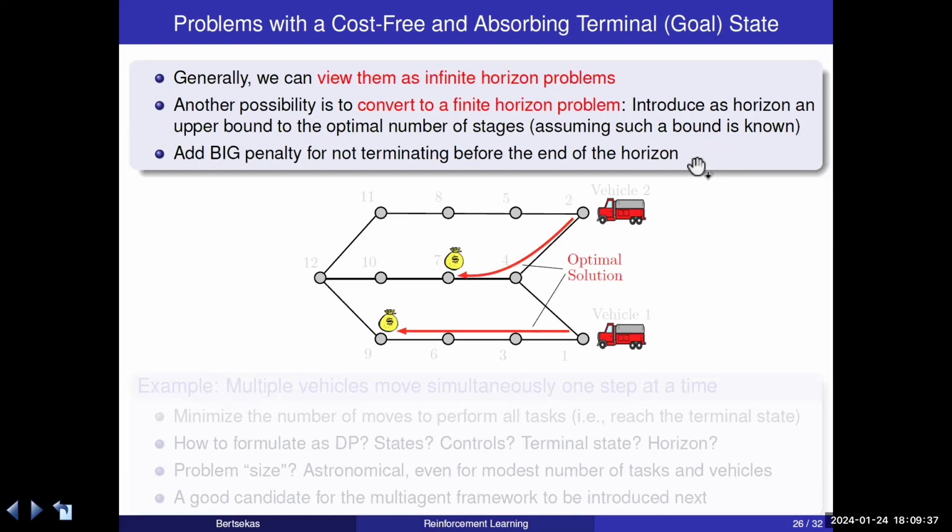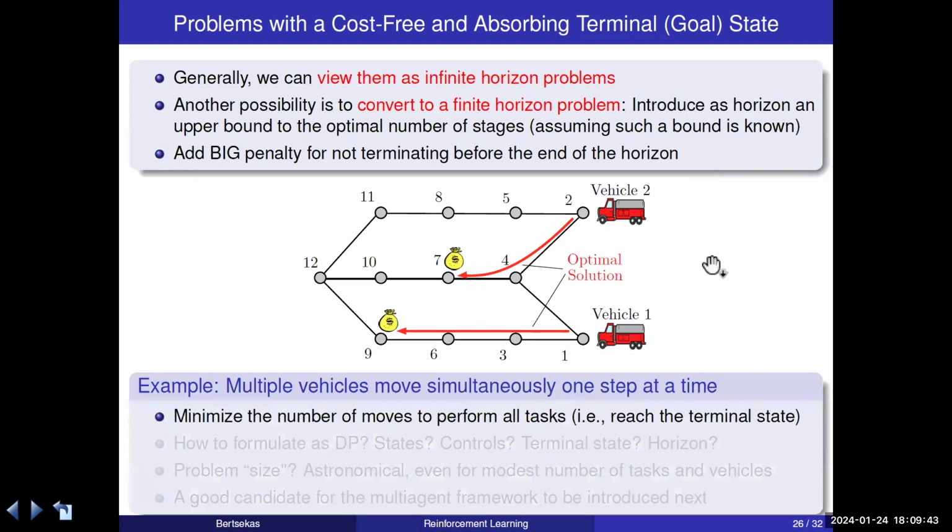Now, let me give you an example of a problem with a termination state. Here you have a graph, and you have two vehicles moving one step at a time within this graph. The objective is to perform some valuable tasks that are located at particular nodes. Once a vehicle gets to such a node, then it performs the task.